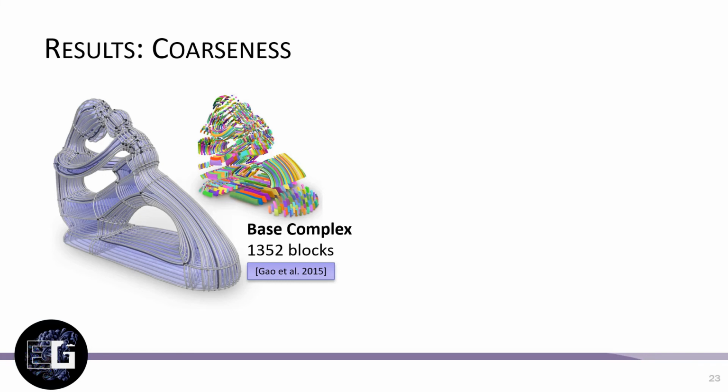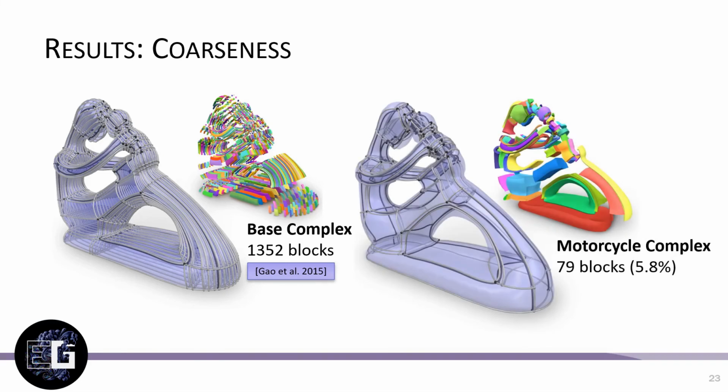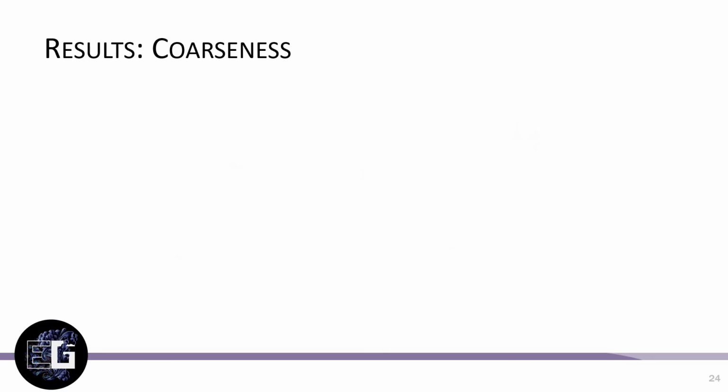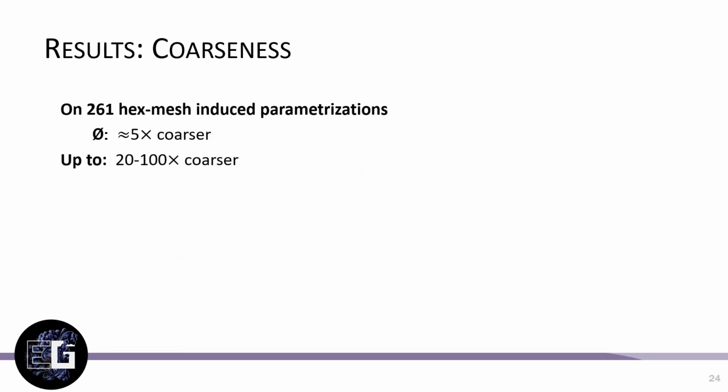Due to the similarity of the two partitions, we evaluate our results in comparison to the base complex. The motorcycle complex in general is much coarser, and for that reason can be computed and used for subsequent applications much more efficiently. On a dataset of Hex Remesh-induced parametrizations, the motorcycle complex is, on average, 5 times coarser than the base complex.